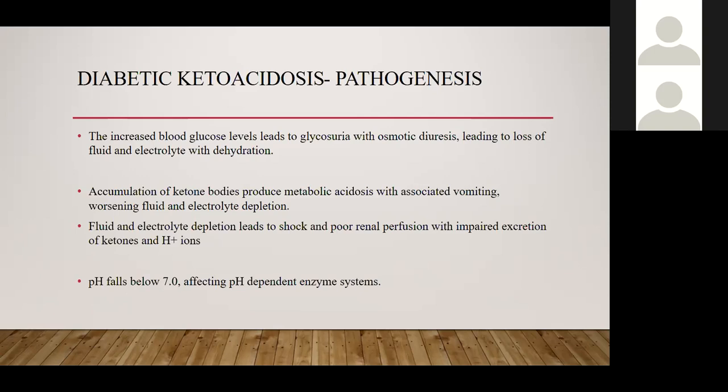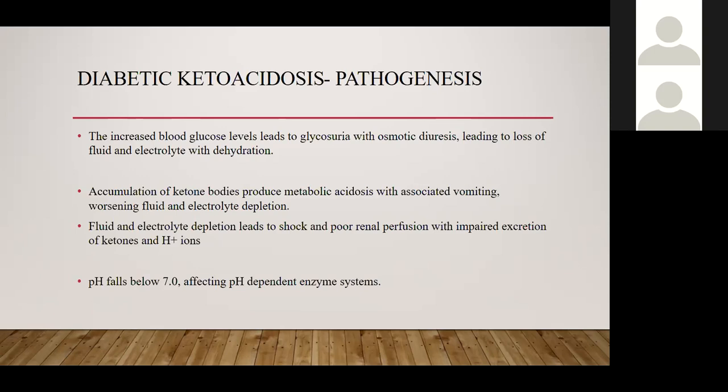Because of the shock that you are facing now due to the excess loss of fluid, you are going to have poor renal perfusion, which will lead to impaired excretion of the ketones and then the hydrogen ions.